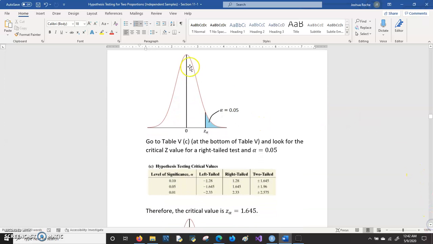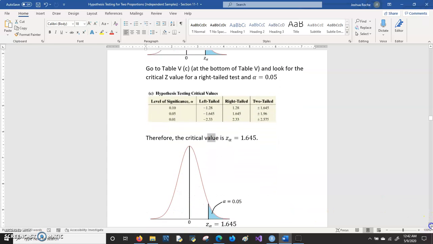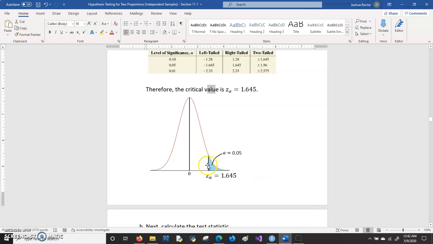Here's a drawing of what that would look like. We'll go to table 5C and look for a right-tailed test with an alpha of 0.05. 0.05, right-tailed test. That's 1.645. So that's our critical value. That's the cutoff for where the right tail begins.